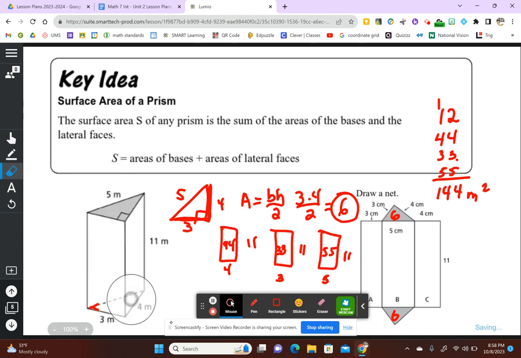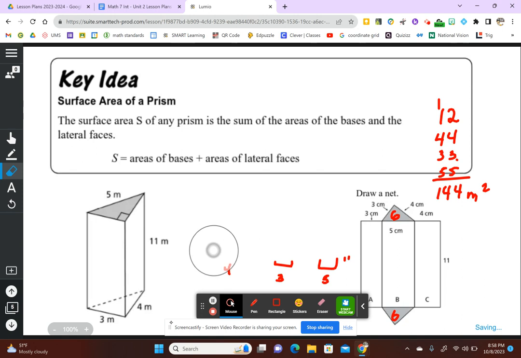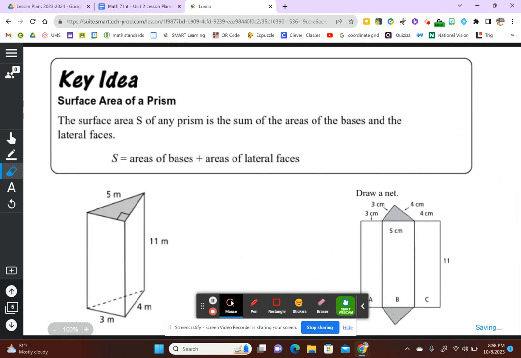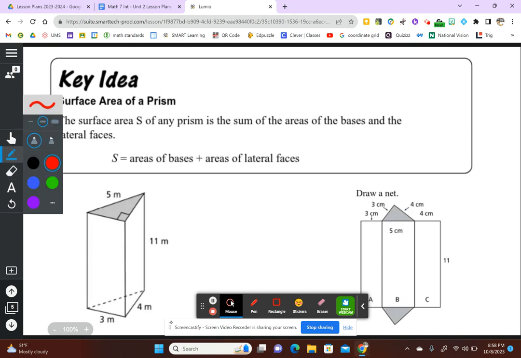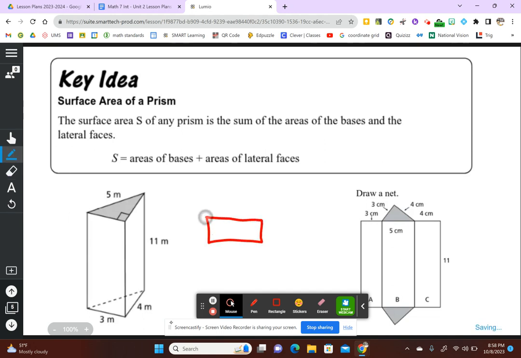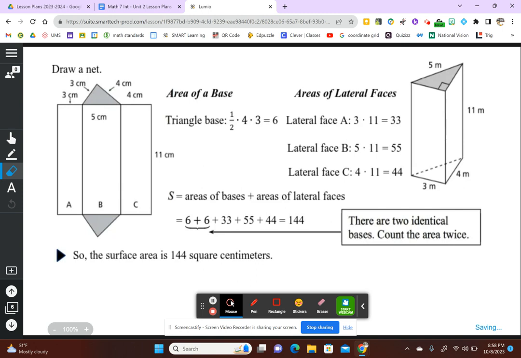Now, the one thing about this particular triangular prism is that sometimes when you see it drawn, it's drawn sitting on a particular face. It's not always sitting on that face, but it's always important for you to look for the two sides that are parallel and congruent, and that's what your base is.